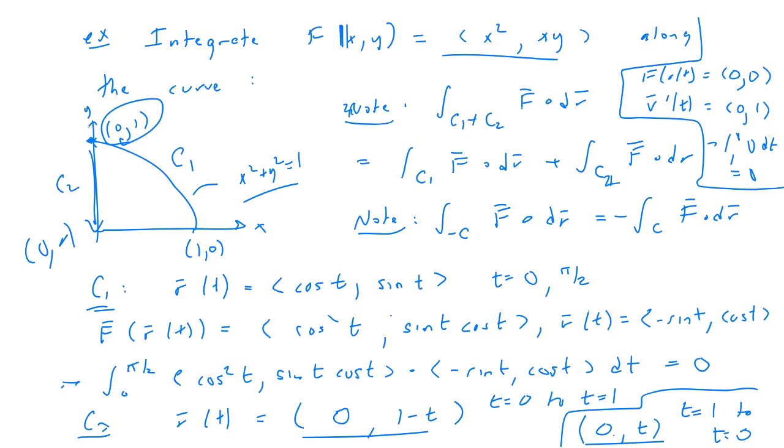I plug the parameterization into my vector field. I take the derivative of the vector field. I then take the dot product of those 2 vectors. In this case, everything becomes 0. Okay. Any questions on this?